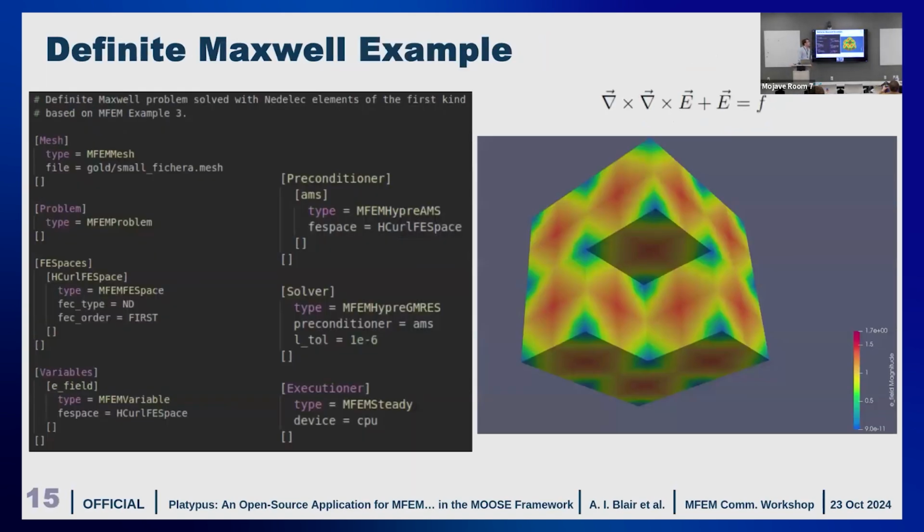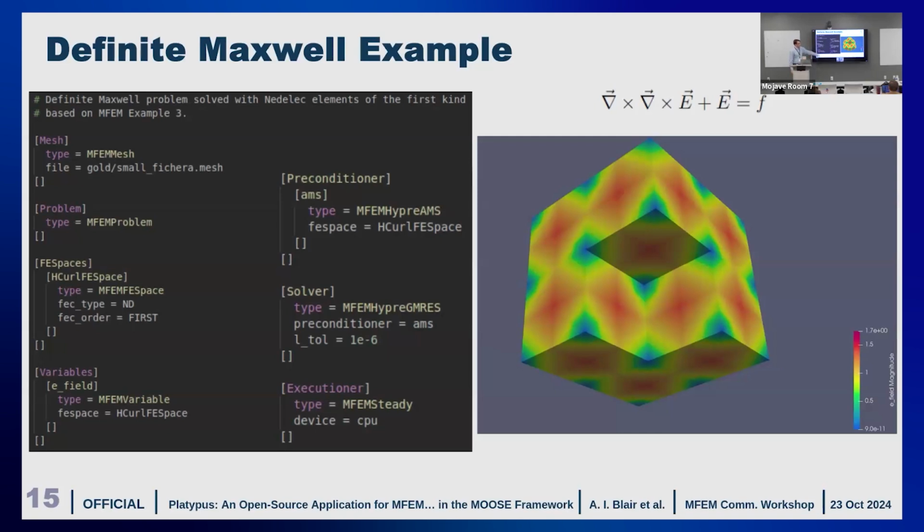It's not the only addition to what we can do in native Moose compared to Platypus at the moment. I mentioned earlier that native Moose can't handle the kind of problem information passing in, but we can handle hypre AMS, Nedelec connectivity, and the zero-trace additions on vector finite element spaces.